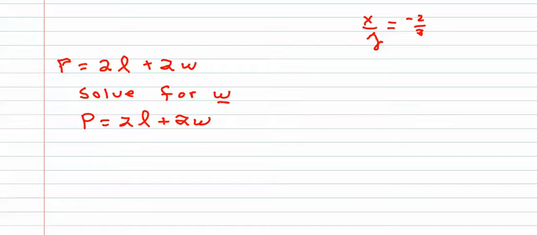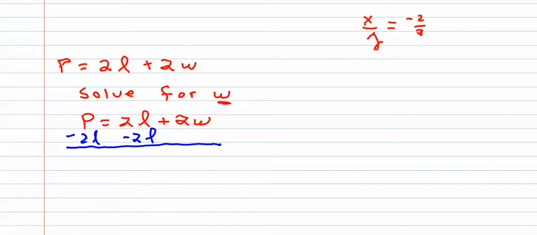I want to solve for W. That means I need to get rid of this 2L. I need to move it to the other side. I do that by subtracting. Subtract 2L, and I subtract 2L. Always do it to both sides of the equation.